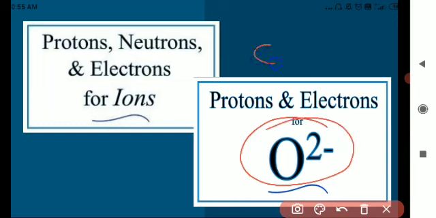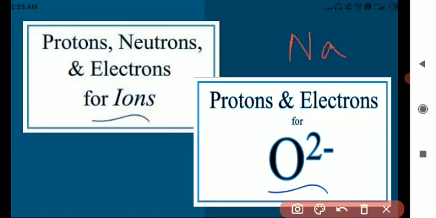Say for example for chlorine, if there is a minus charge present, what will be the proton, neutron and electron? And if it is oxygen, what will that be? And sodium, mostly it is present as sodium plus, what will happen if it is H plus? So first let's talk about this one.